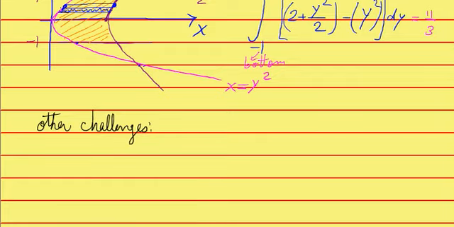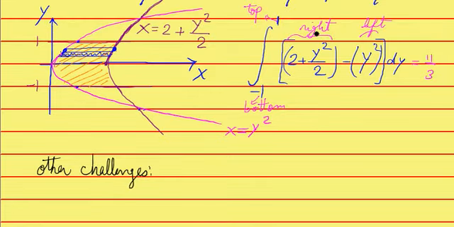Well, one challenge would be that some of these ingredients have to be determined by you. Most common, you have to figure out the limits of the integral yourself, as opposed to the problem just feeding that item to you. Another challenge is to figure out who is on the left or who's on the right, or who's on the top and who's on the bottom.